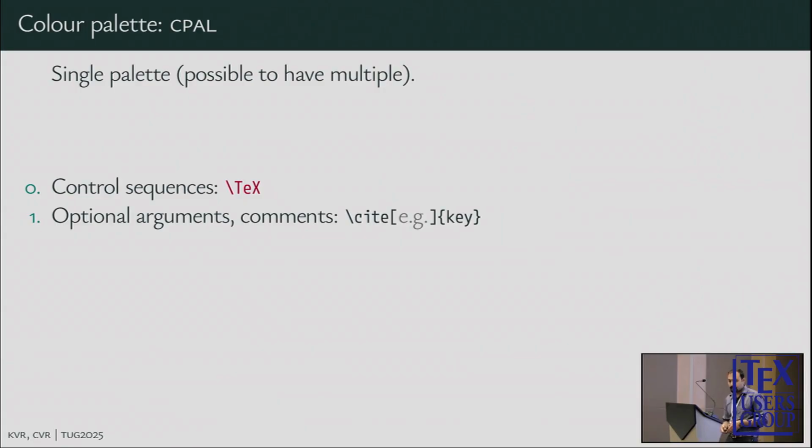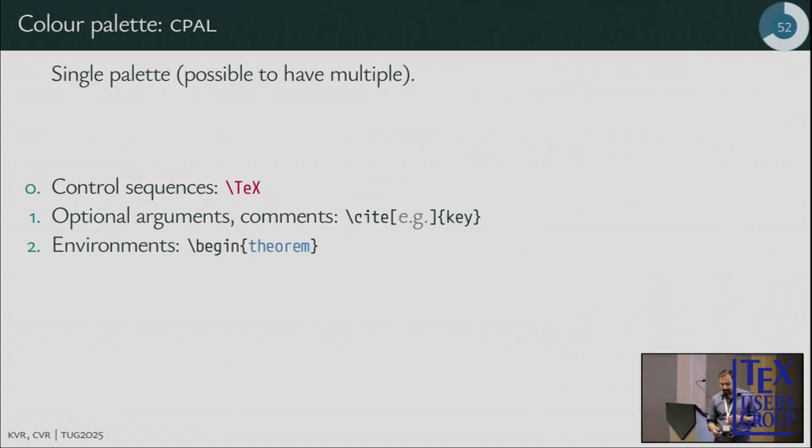So I'd color it in a red, brown, or something. And optional arguments and comments, I would color it in gray. Ideally, these could be separated, but being the lazy person I am, I decided to go with a single color. And then environments are going to be colored in, say, steel blue. Numbers in, I don't know what that color is.